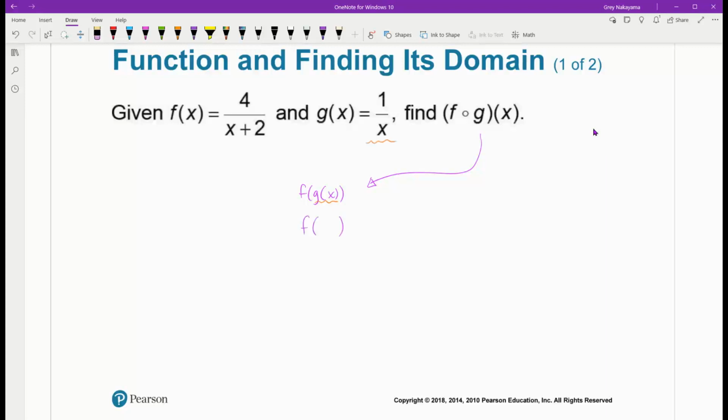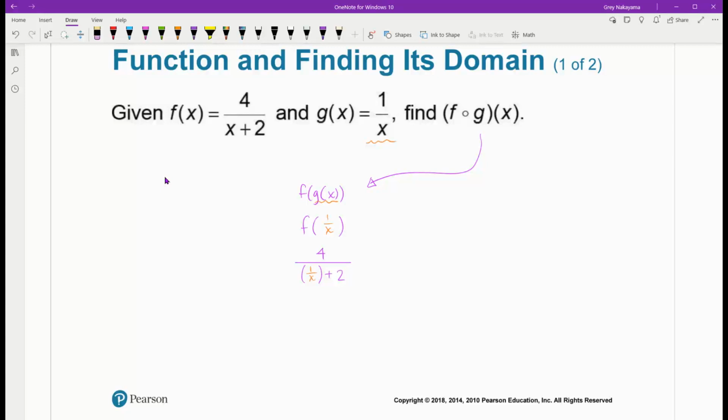Well, g is this guy right here, so that's going to be f of 1 over x. And then I'm going to write the rule for f. This is the rule for f. So I'm going to write 4 over parentheses plus 2. And what goes in my parentheses is g of x. So in this case, it's 1 over x.